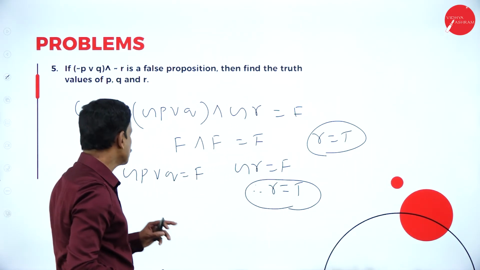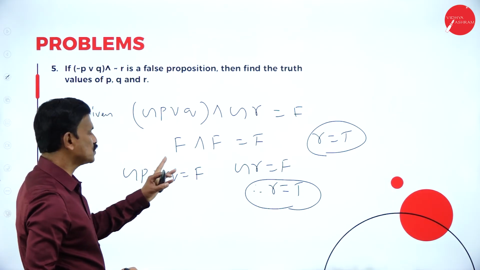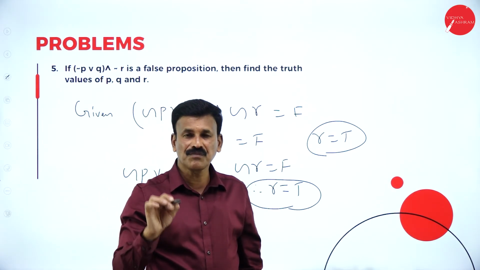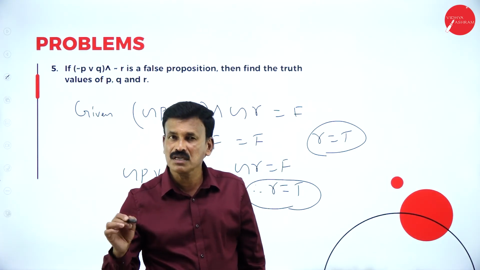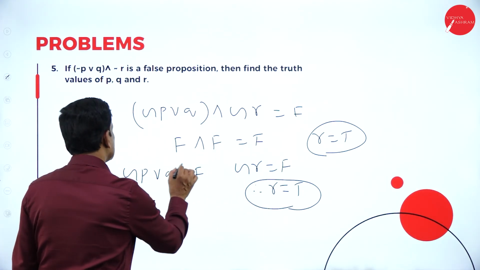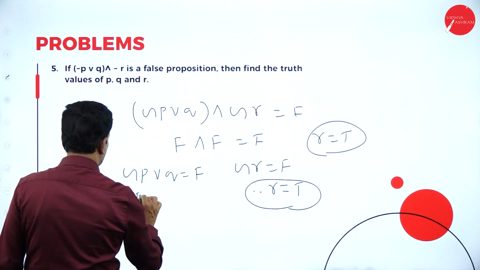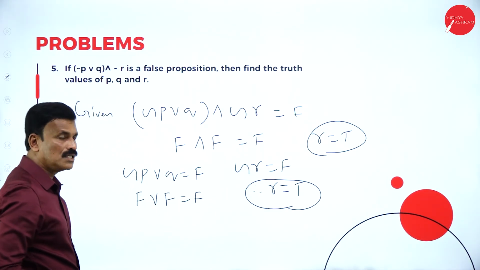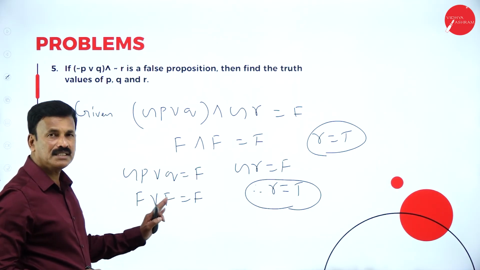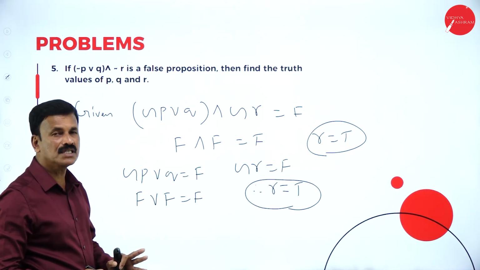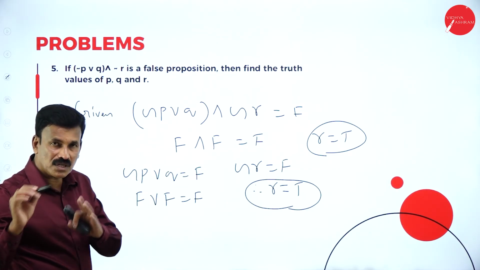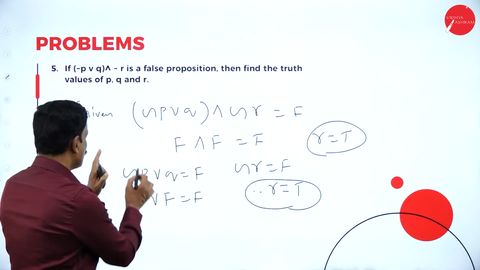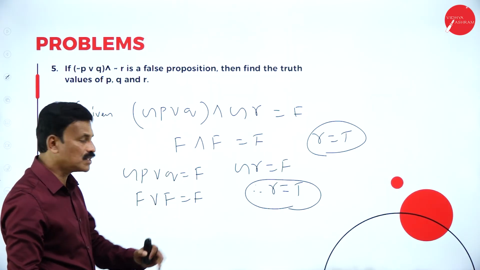Now the second part, negation of P disjunction Q is false. In case of disjunction, if it is F and F, then it is F. In all other cases it is true. So if this statement is false, this must be false, disjunction false is equal to false, right? So the first statement is false, the second statement is also false.